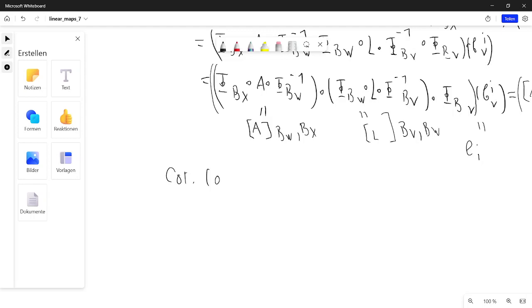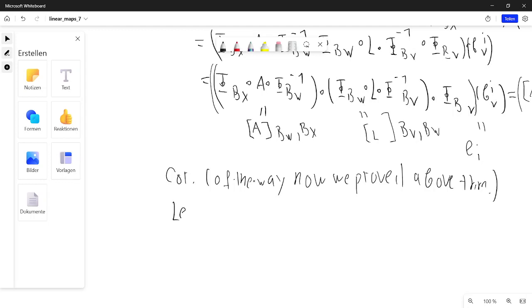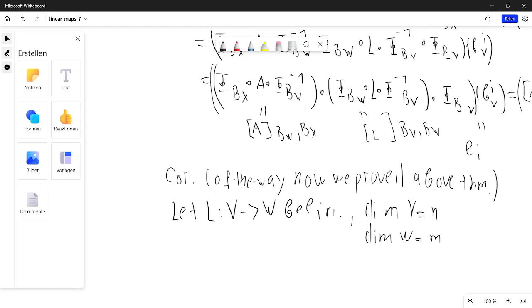Corollary of the way we proved the above theorem. So following, let L from V to W be linear, dimension V is equal to n, dimension W is equal to m.